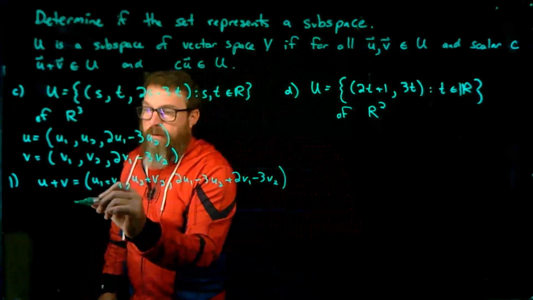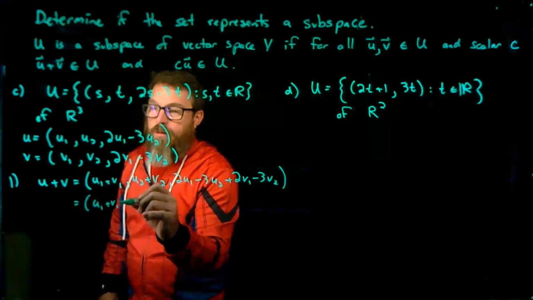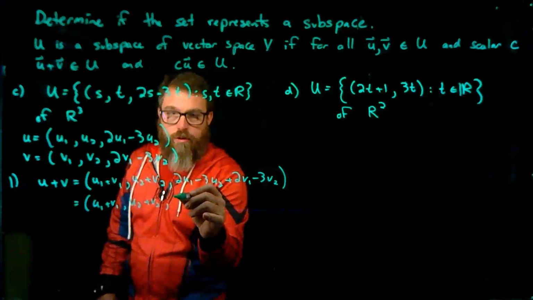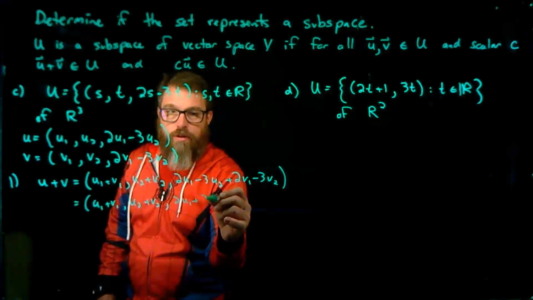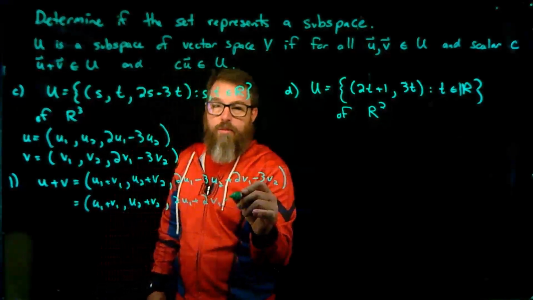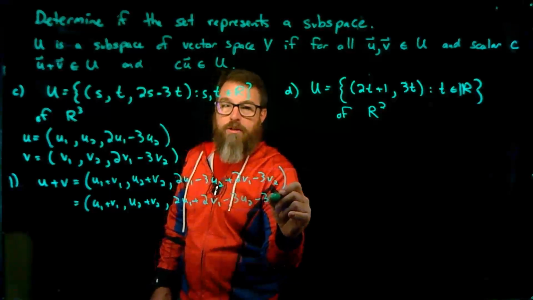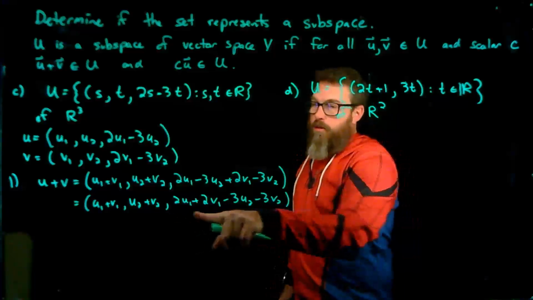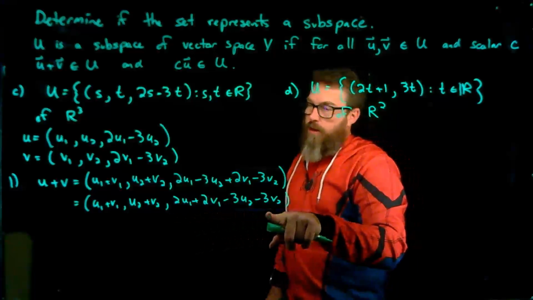So if I pull the 2's, this is 2U1 plus 2V1, and this will be minus 3U2 minus 3V2. And now what I could do is factor a 2 out of here, factor a negative 3 out of here.